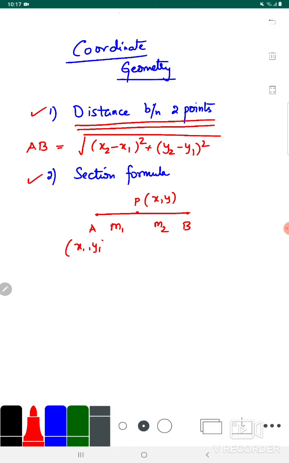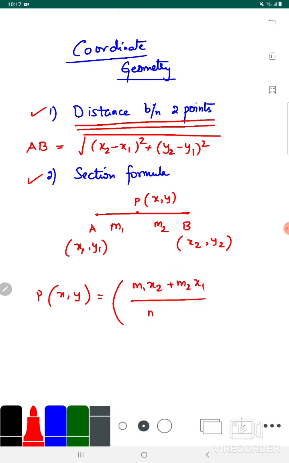So A is taken to be x1 comma y1 and B is taken to be x2 comma y2. So the point P x comma y is given by m1 x2 plus m2 x1 by m1 plus m2 comma m1 y2 plus m2 y1 by m1 plus m2.